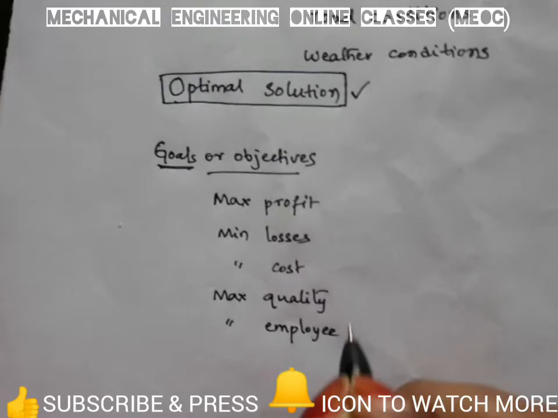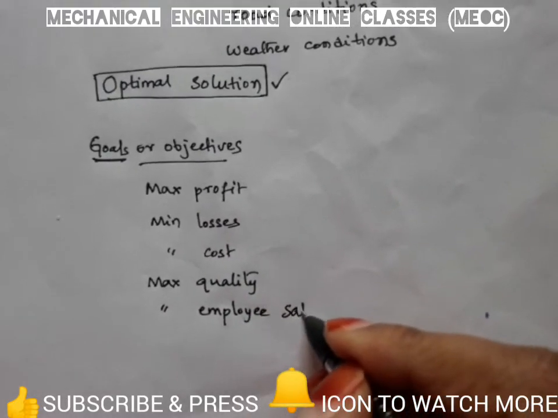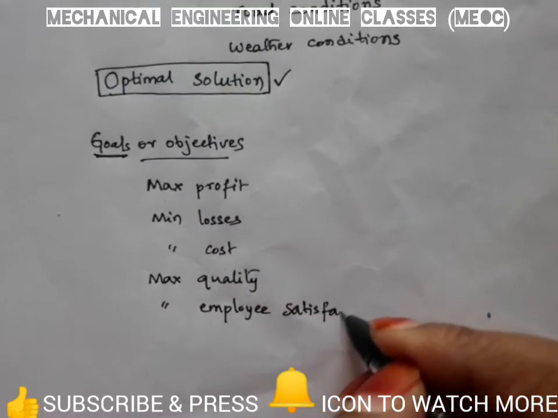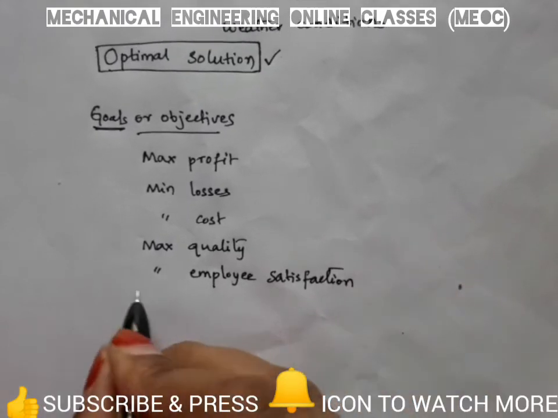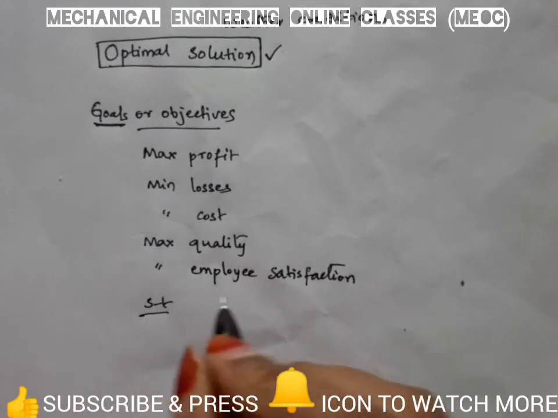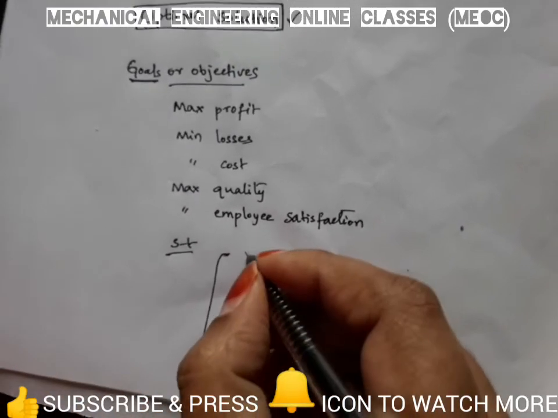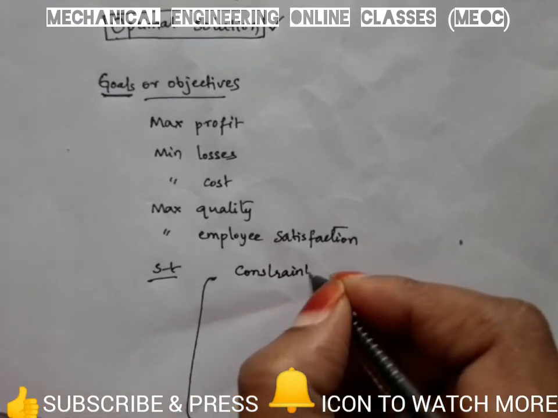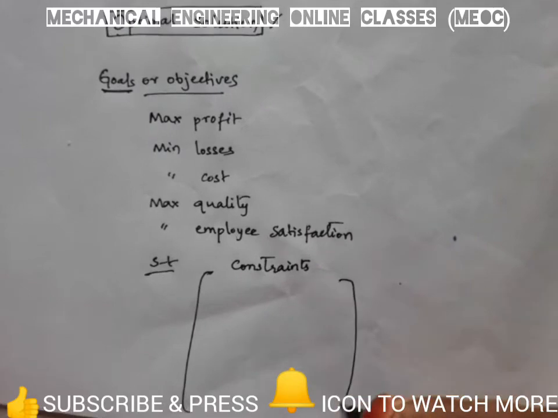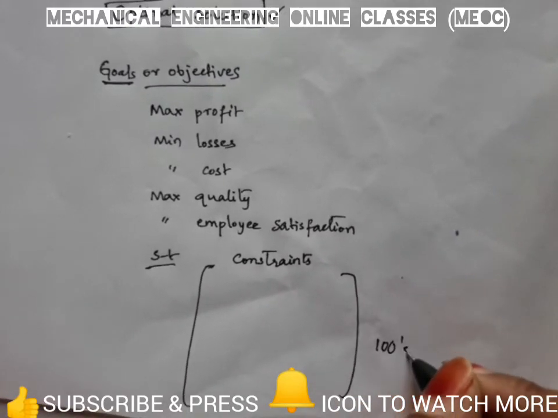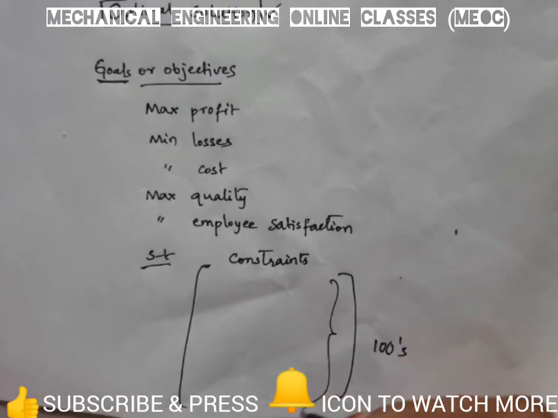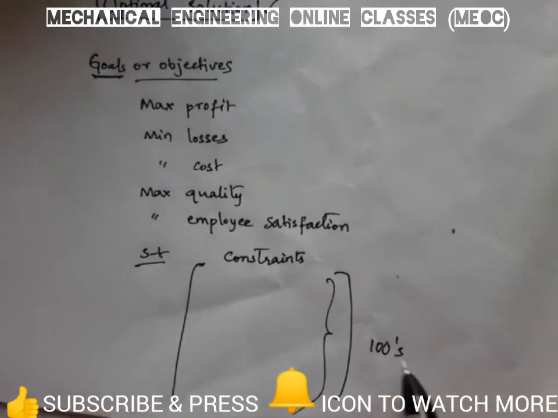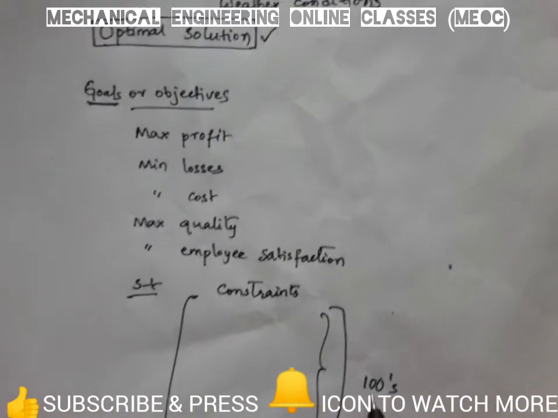Likewise you will have so many goals, which are subjected to numerous constraints. Depending upon the size of your industry, you will have hundreds of constraints also. These can be any number like 100, 2000, 3000 or anything.